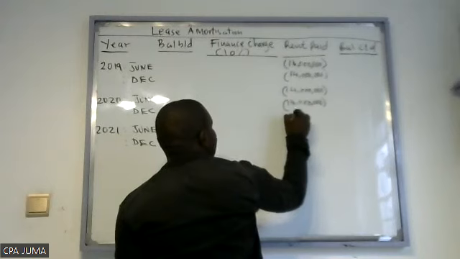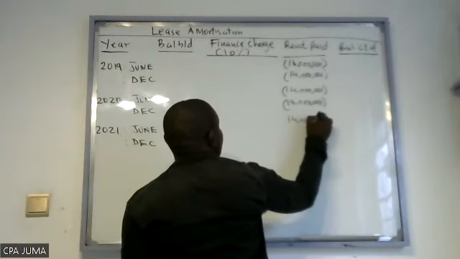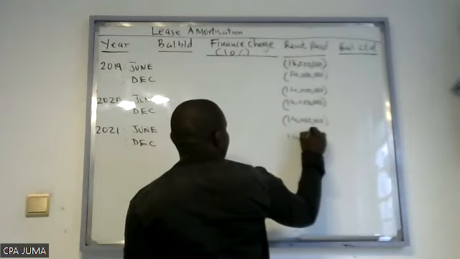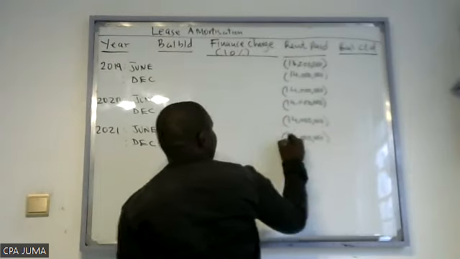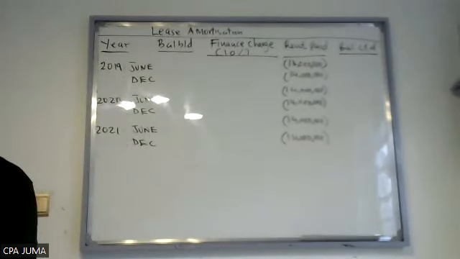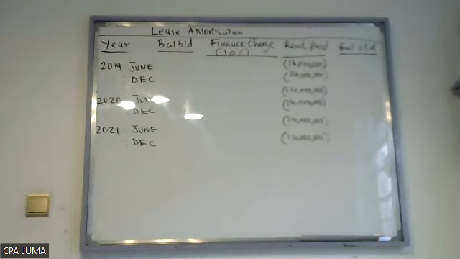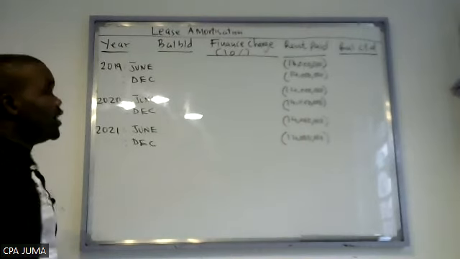So installment must be constant. So have that. Once you pay, that must be reduced.